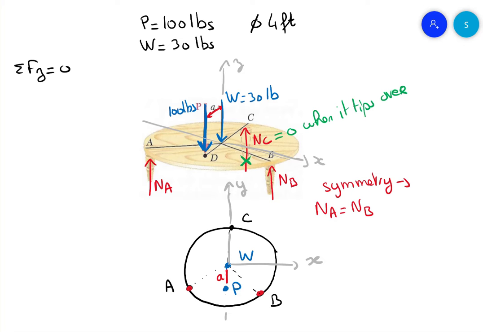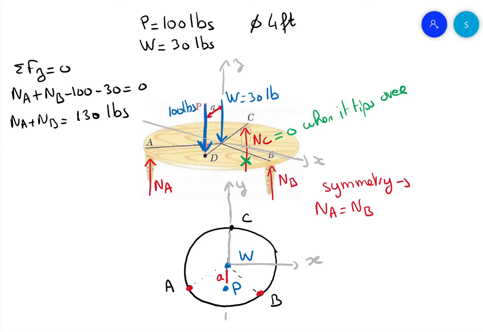The sum is equal to 0, because what we have on Z is NA plus NB, and minus the 100, that is P, minus the 30, and it's equal to 0. So we get NA plus NB equal to 130 pounds.